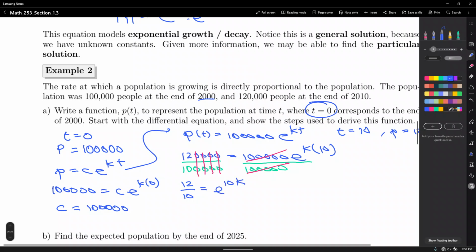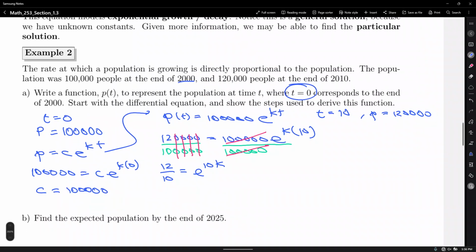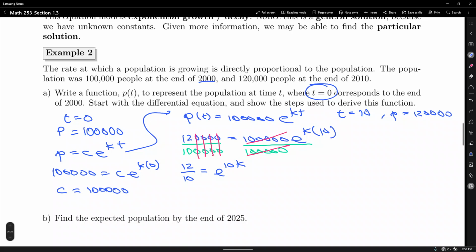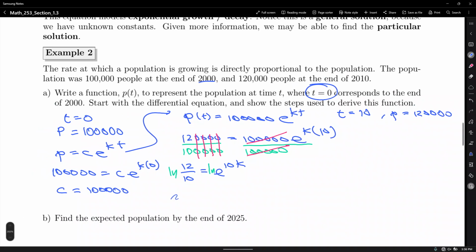So let's solve this exponential equation for k to get the growth constant. So I'm going to take ln on both sides, and this is 10k equals ln of 12 over 10.